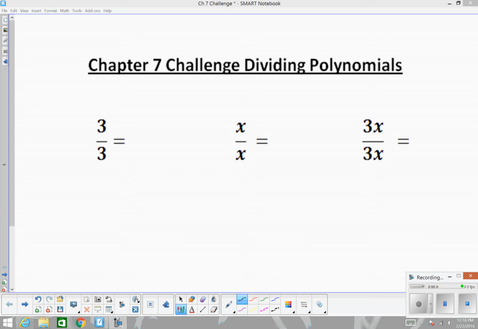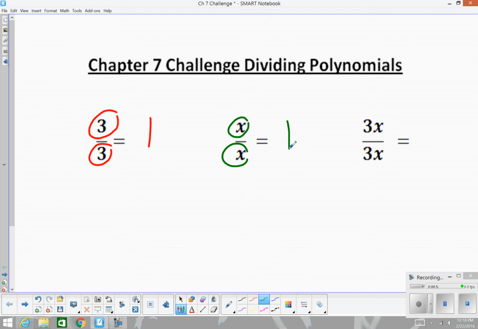So let's just go through a quick review on what makes a fraction equal to 1. Anything over itself, like 3 over 3, if you divide that, it's going to give you 1, right? Anything over itself is 1. So it doesn't matter if it's a number over a number, or a letter over a letter, anything over itself divides out to be 1.